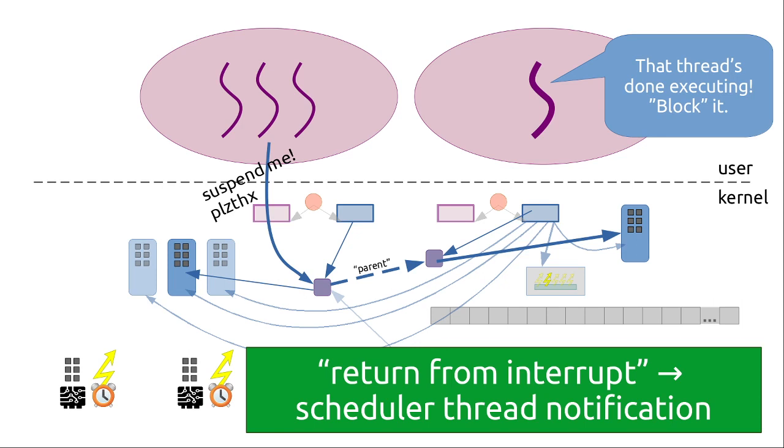And because this component on the right is a scheduler, it will also be doing things like implementing a run queue of all of the active threads. So when the thread on the left blocks, great, we're removing it from the run queue, putting it onto some sort of a block queue and waiting for it to activate at some point in the future.